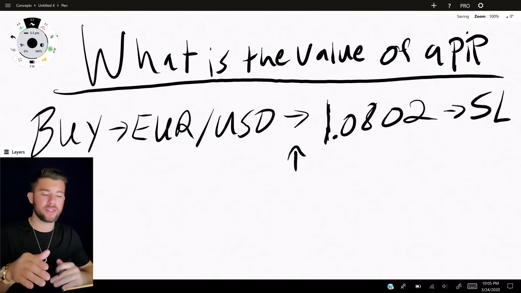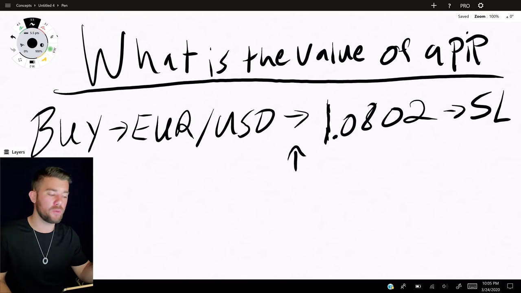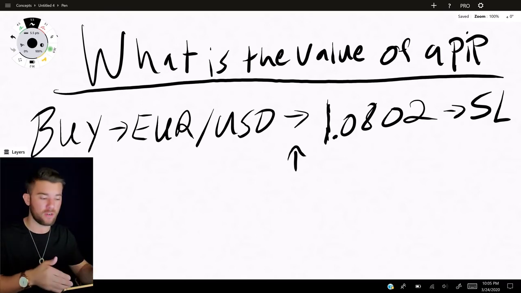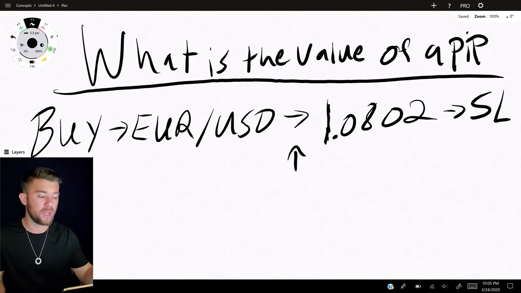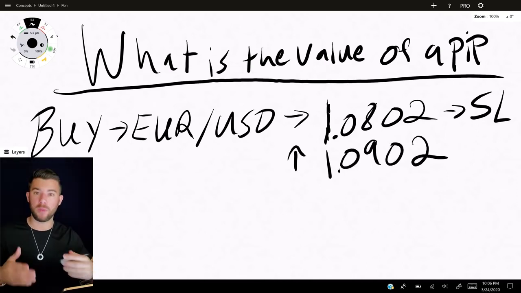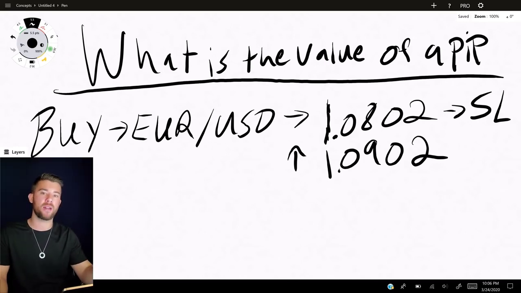All right, so let's move into this euro dollar trade here. If we have the euro dollar at 1.0802, we trade one standard lot, 100,000 units of this currency, at 1.0802, and this market moves to 1.0902. Going up, we wanted the market to go up, and we take profit at 1.0902.